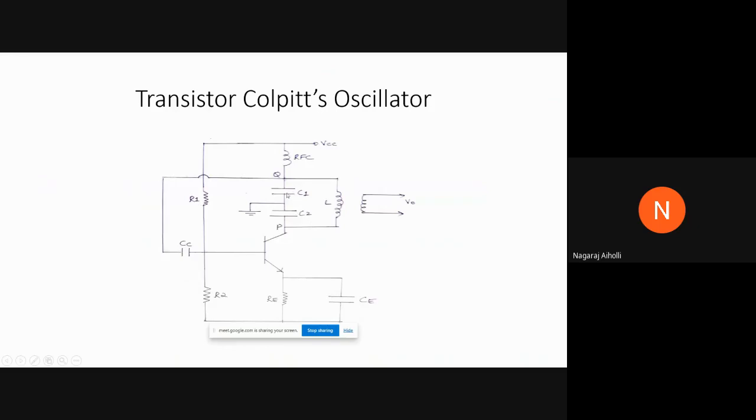This feedback network or the tank circuit produces a phase shift of 180 degrees. Another 180-degree phase shift is produced by the amplifier. So the total phase shift of the entire circuit will be 360 degrees.